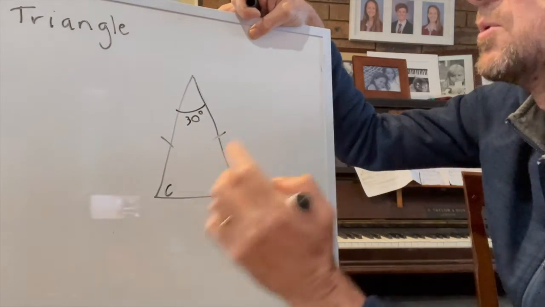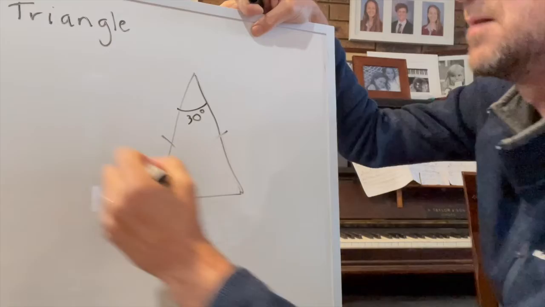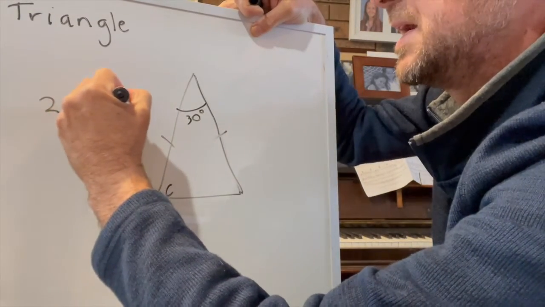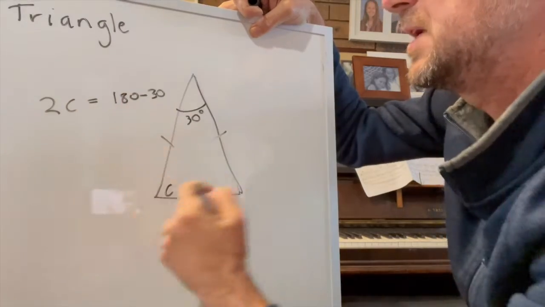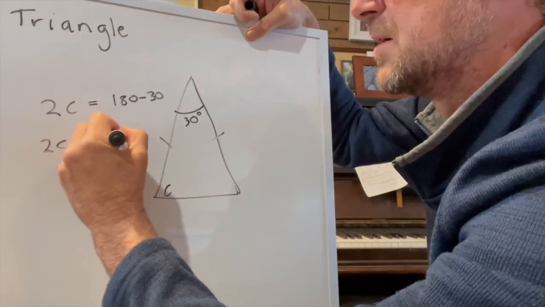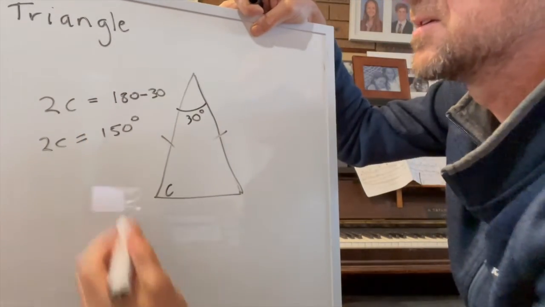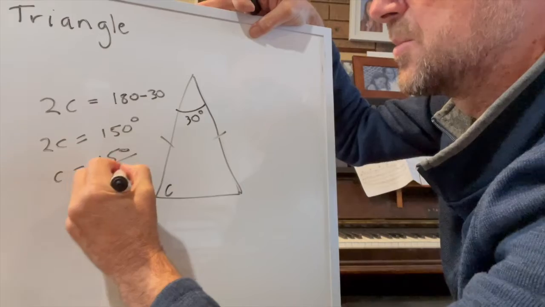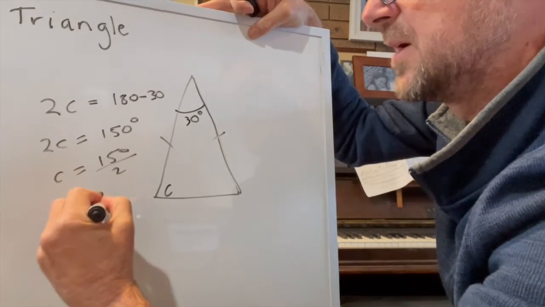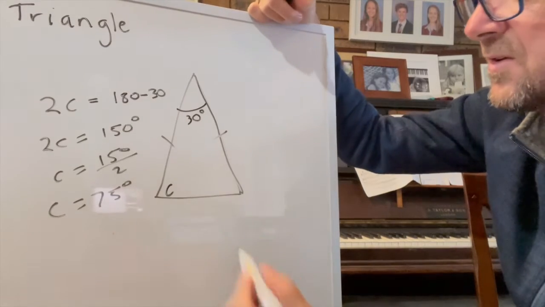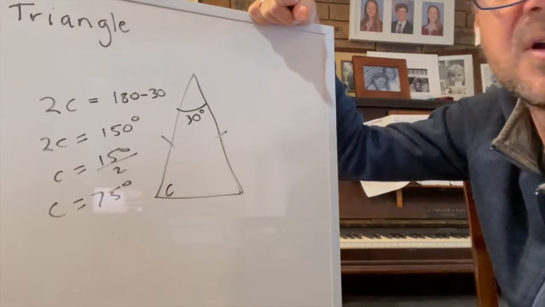So what we know here is that 2C is equal to 180 take away 30. So 2C is equal to 150. So therefore C must be equal to 150 divided by 2. So it's going to be equal to 75 degrees. So it's going to be 75 in here and 75 in there.